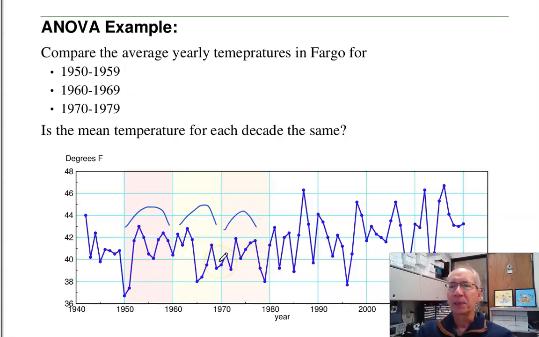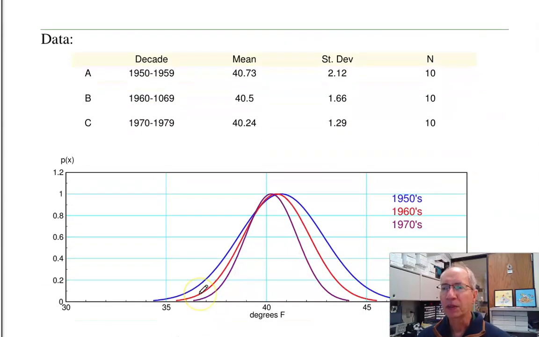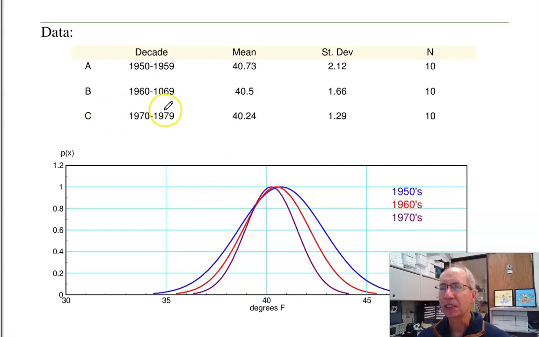Are the means the same? Well, I take my data. It's got a mean, standard deviation, number of data points for the 50s, 60s, and 70s. If I plot those as a normal distribution, this has the same mean, same standard deviation for the 50s, 60s, and 70s. Are the means basically the same?